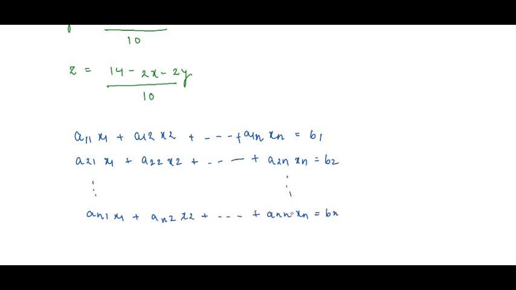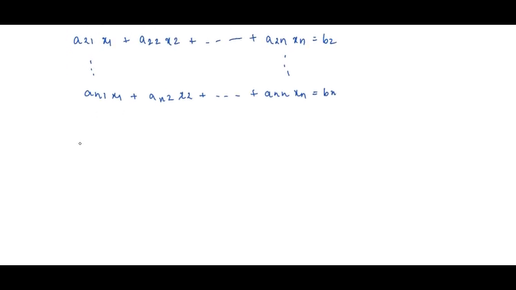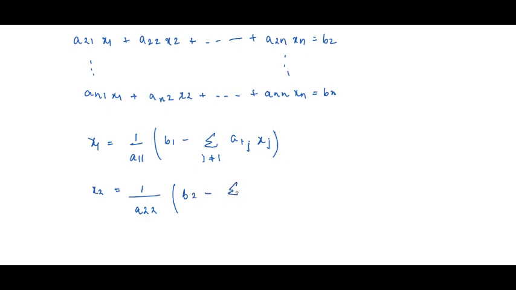Now solve each equation for its diagonal variable. We get x1 as 1 by a11 multiplied by (b1 minus summation a1j xj, where j is not equal to 1). Similarly, x2 becomes 1 by a22 into (b2 minus summation a2j xj, where j is not equal to 2).